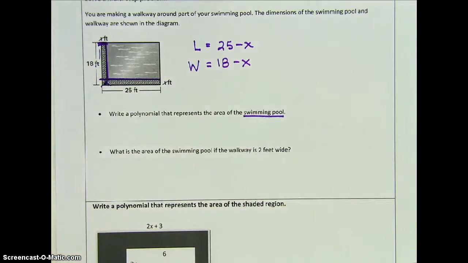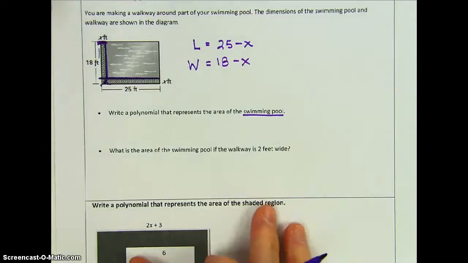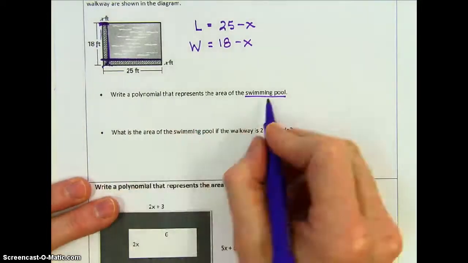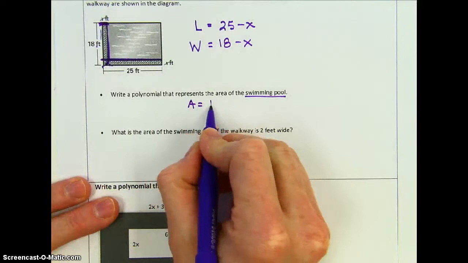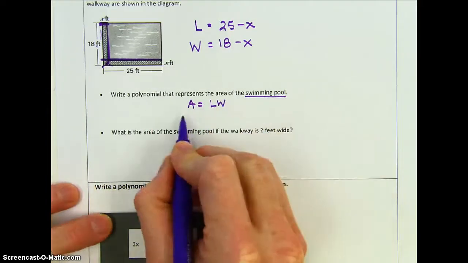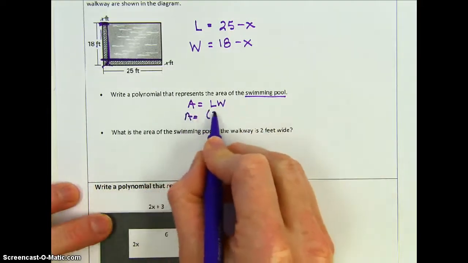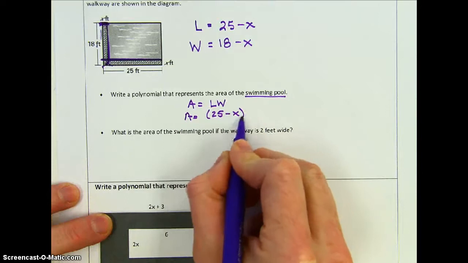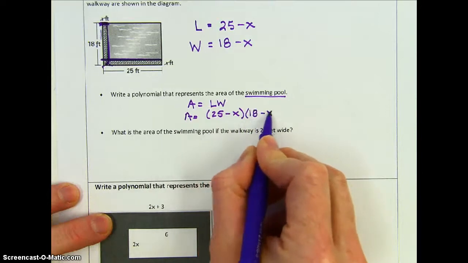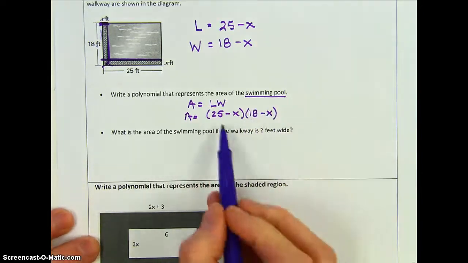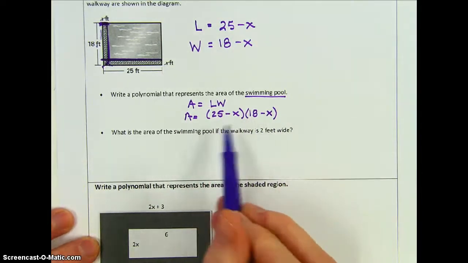Now, once we have the length and the width, we can now do the area formula again. So once again, area equals length times width. So area equals 25 minus x times 18 minus x. Now notice these two binomials are backwards. It's okay.